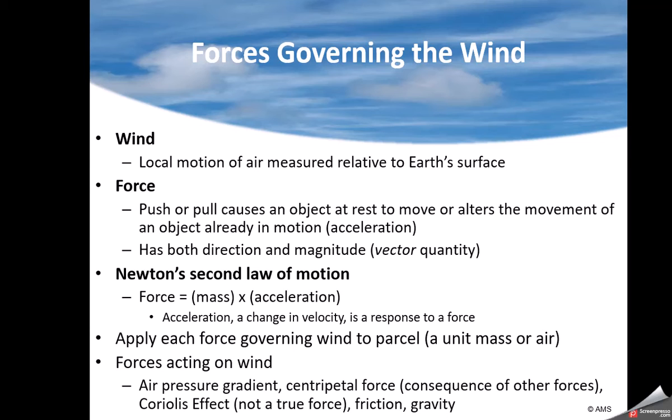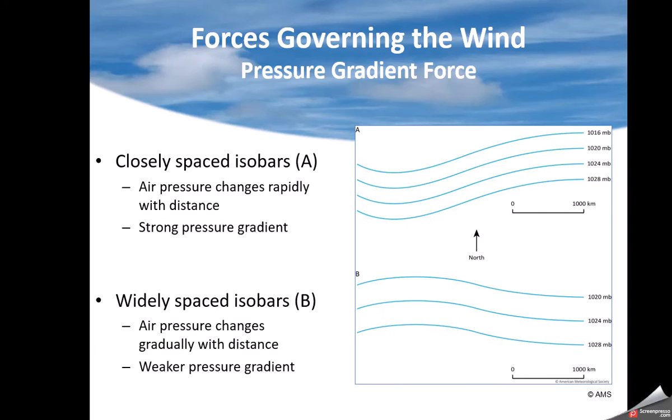The atmosphere hates a pressure gradient, just like it hates a temperature gradient, so it's going to try to get rid of it. The closer pressure lines are to each other, the greater the pressure gradient, and the more the force. There's something called centripetal force we'll talk about, the Coriolis effect, kind of a unique force, friction and gravity.